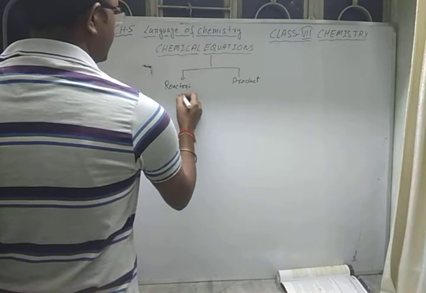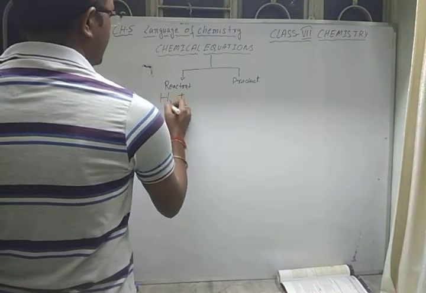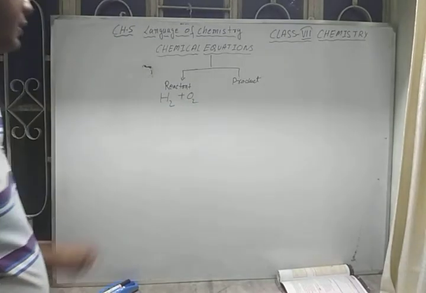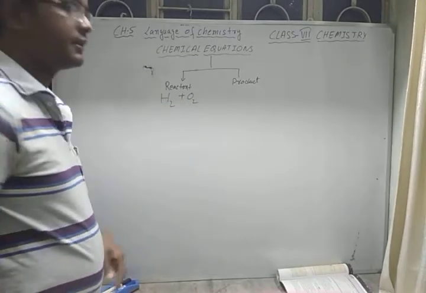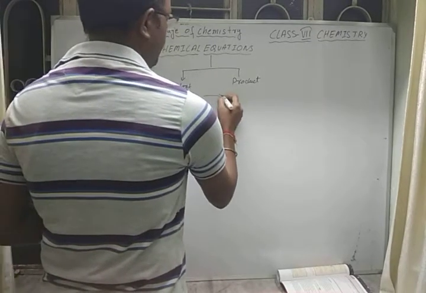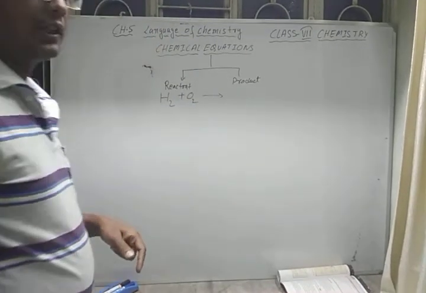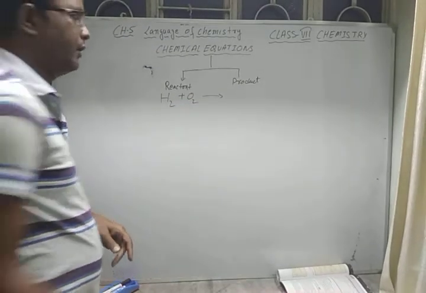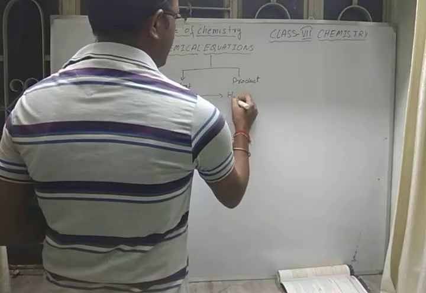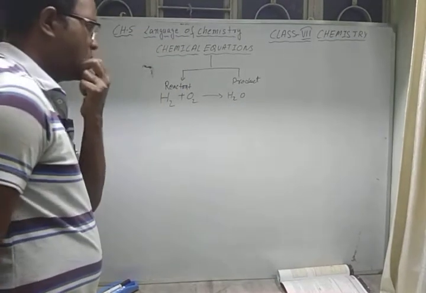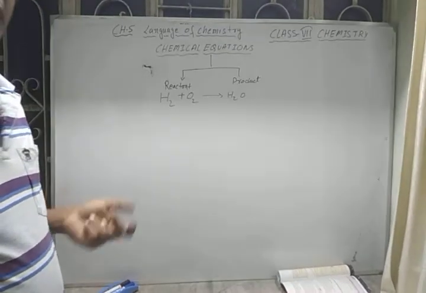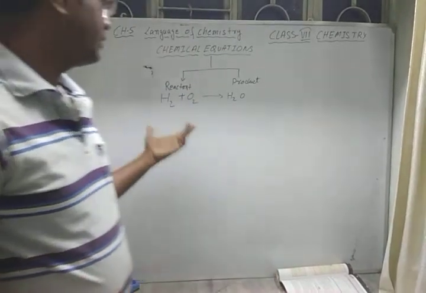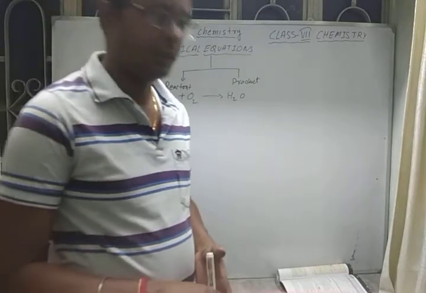Suppose hydrogen reacts with oxygen, we give a plus sign, and after the reaction, when we get the new product, we give an arrow mark which gives H2O, like this. There are vast examples we can give. This is the simplest example I have given you to show the reactant and the product part of a chemical equation.